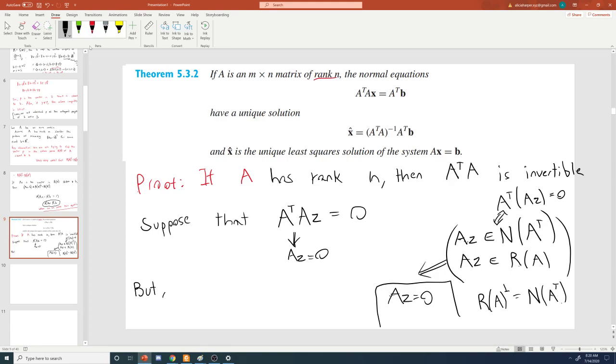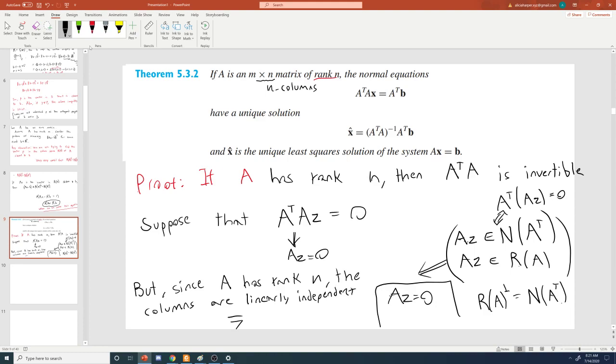But since A has rank n, and it has n columns, the columns are linearly independent, which implies that z actually has to be equal to 0.